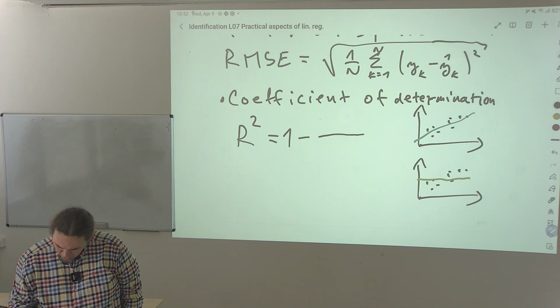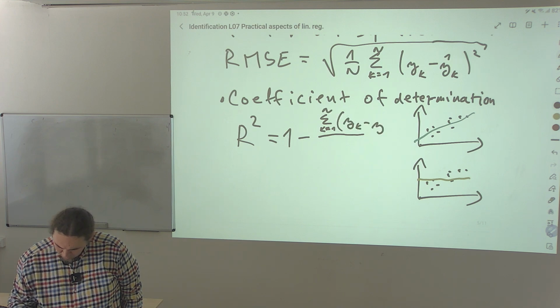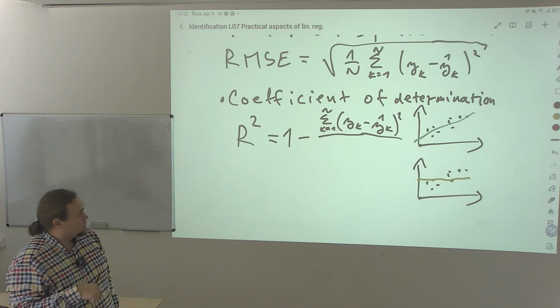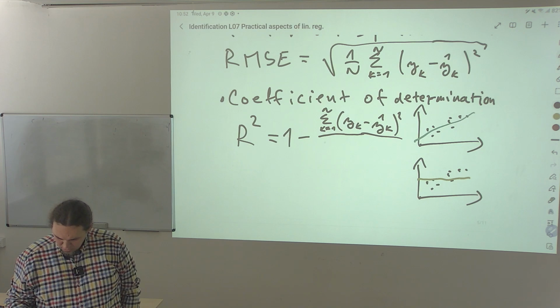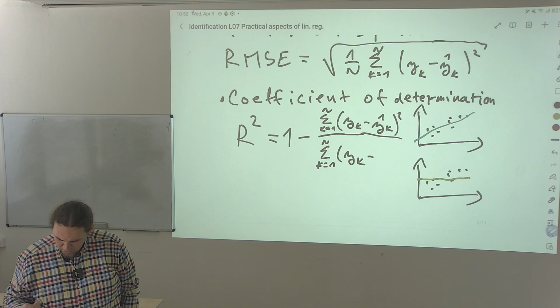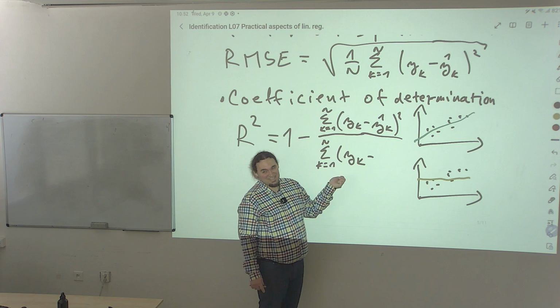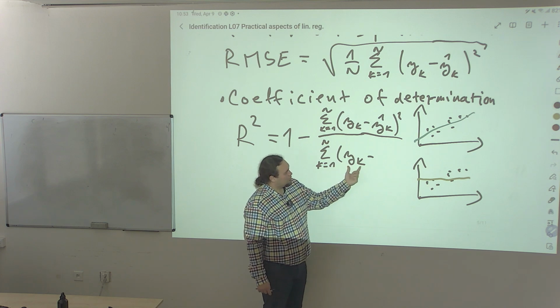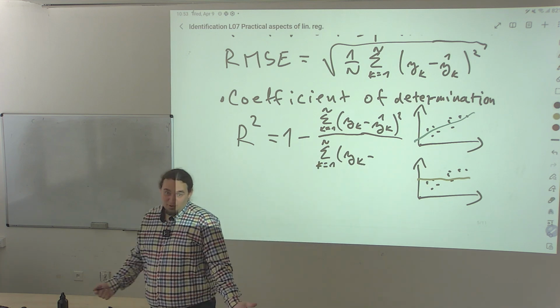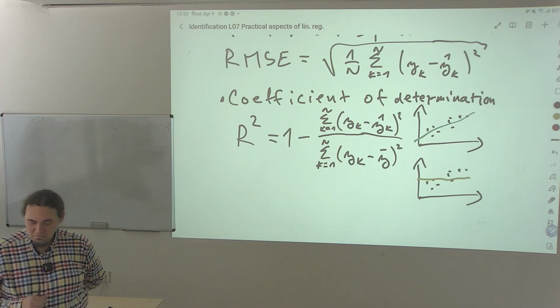So in the numerator we have the sum of squares of our model, of our prediction error. And what we use in the denominator is the sum over k equal 1 of yk minus the constant, and well, how to fit this constant? That's one of our lectures from before. We can just take the average of the y's, the average of our data points.